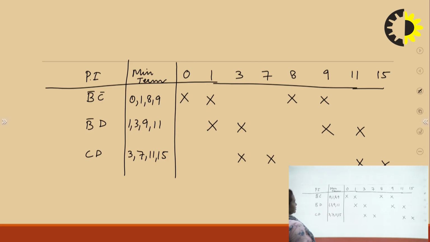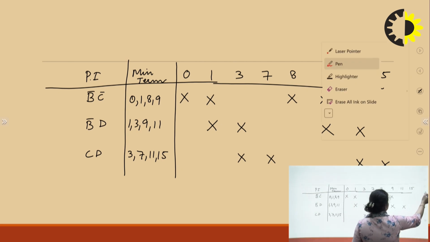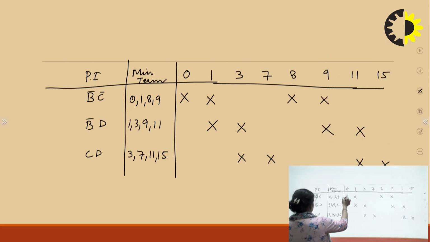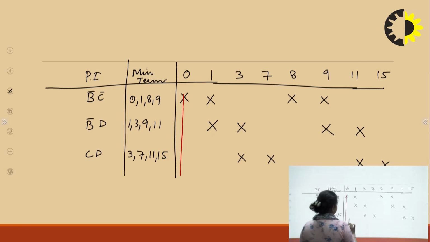Now the next step is to check each particular cross, and check whether there is any other cross in that particular column. I am using a different color. If I see 0, there is no other cross, so you may just mark it.